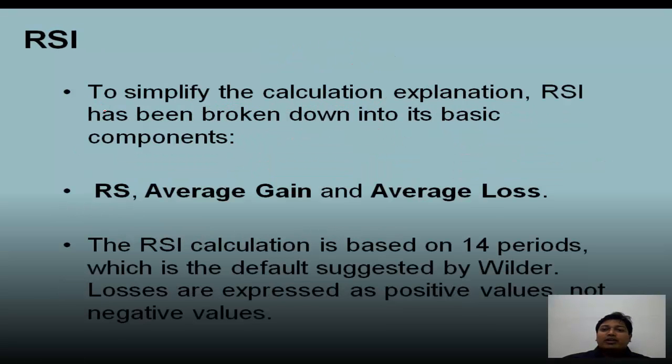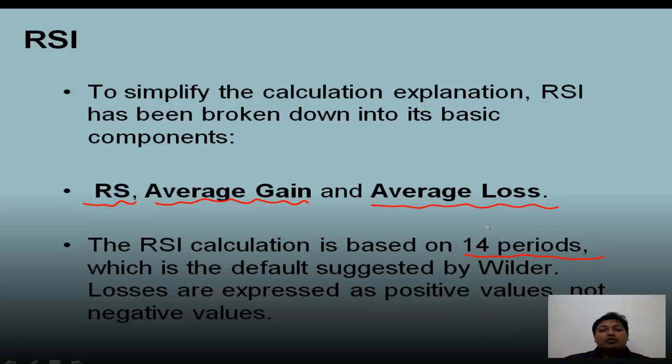To simplify the calculation explanation, RSI has been broken down into basic components. The first is RS, the second is the average gain, and there is the average loss. The RSI calculation is based on 14 periods. Now this is the most important. As Wilder came up with this indicator, he was always using 14 periods, which means 14 candles.